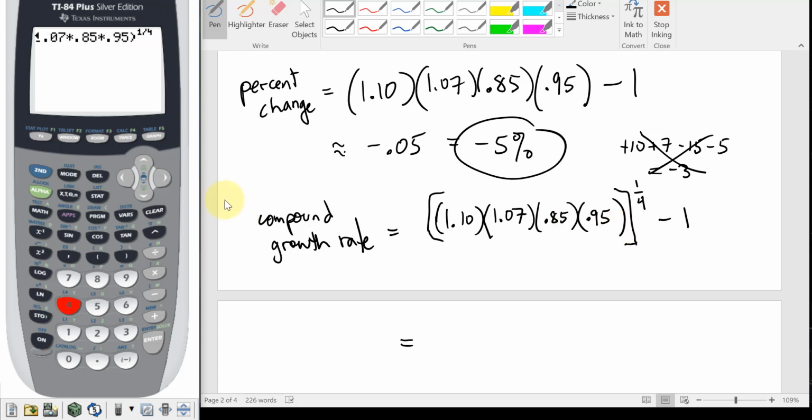Now if I just type the whole thing in, I can just do -1 here. And I get about -1.3 if you round off. Well, -0.013, which is -1.3%.